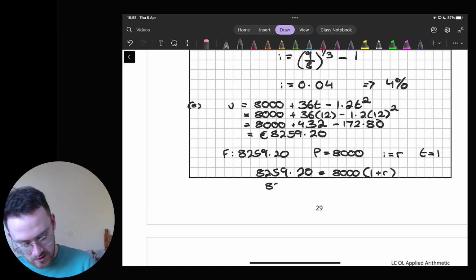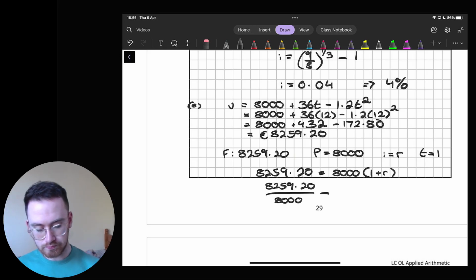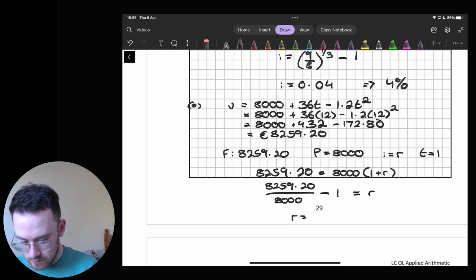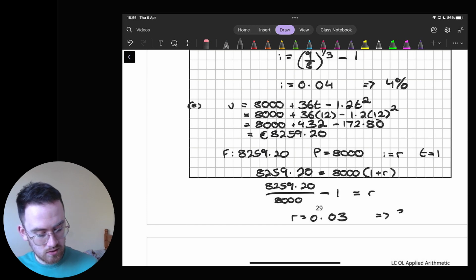Okay, and we get 8,259.20 over 8,000 minus 1 is equal to r, and that gives me a rate of 0.03, or we get 3%.